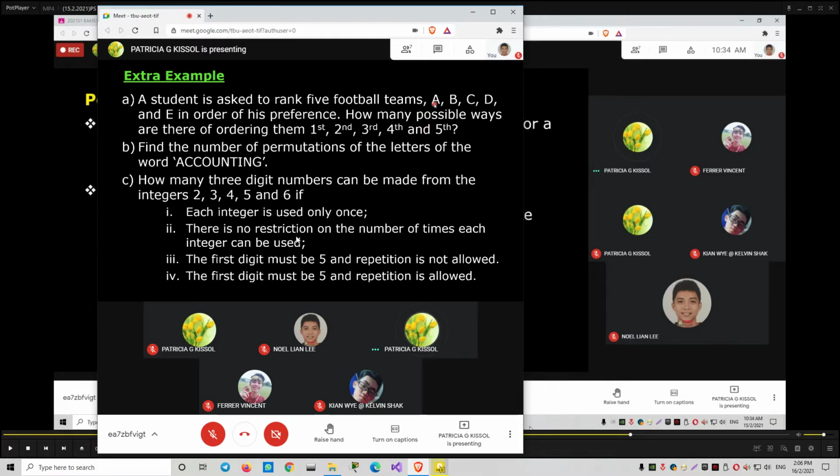We are given 5 football teams, A, B, C, D, and E. And to arrange how many ways to rank the football teams, it's just like the process when you want to say, okay, Manchester United, top, Liverpool, and then you say other football teams like Arsenal, Chelsea, and all that.